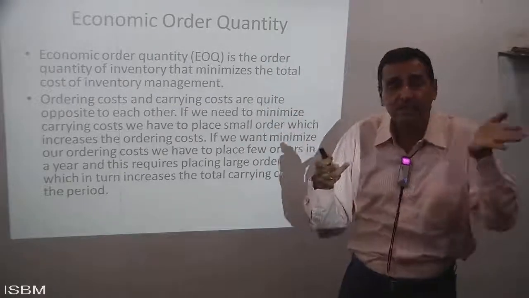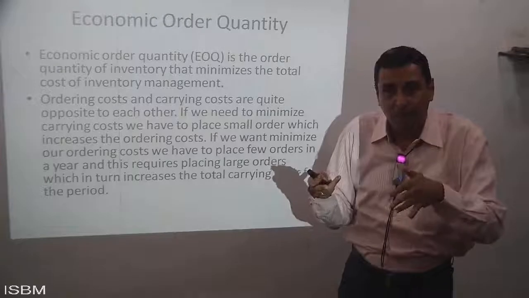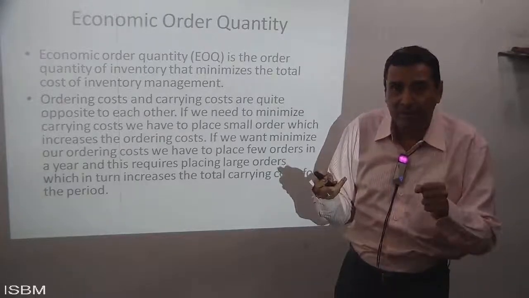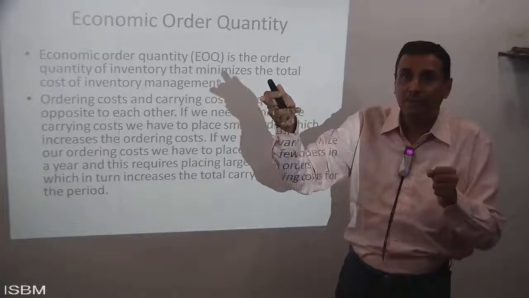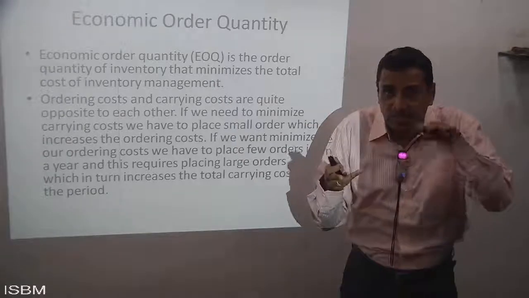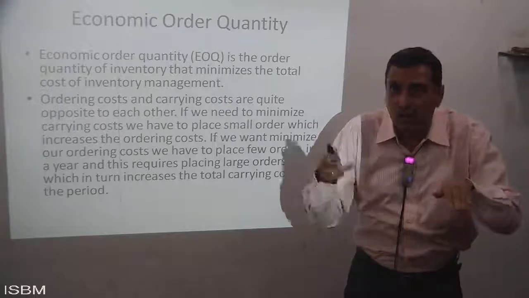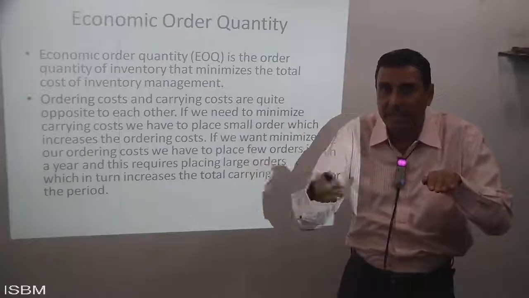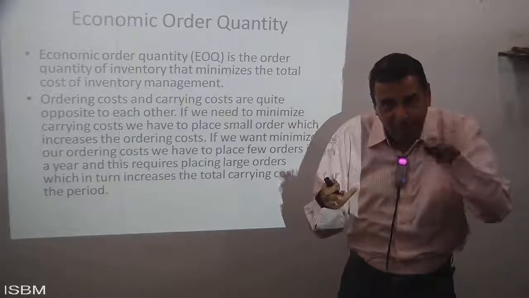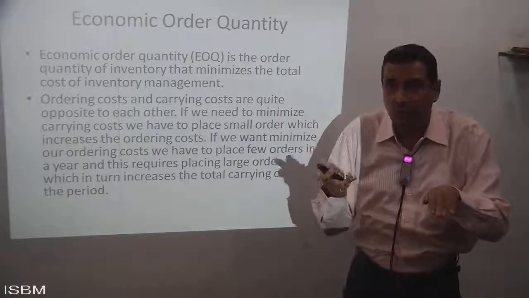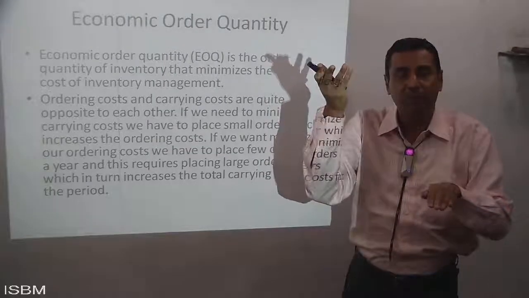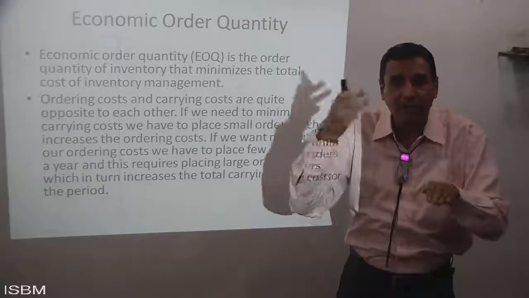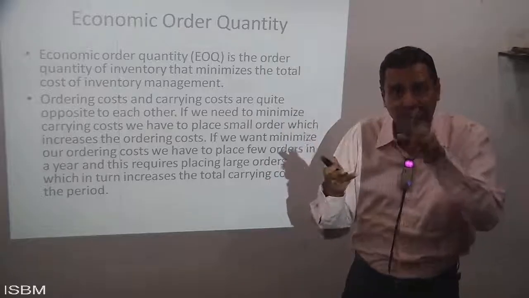But reducing the carrying cost means you are increasing the ordering cost. So in order to keep the inventory cost at a low level, your ordering cost is increasing because you are frequently ordering the raw material.